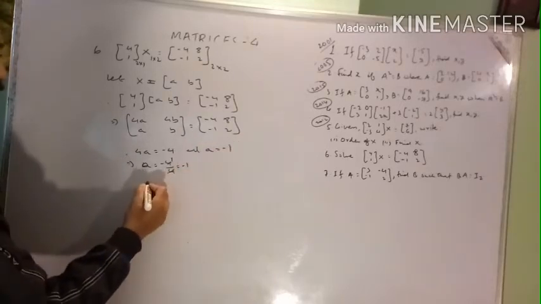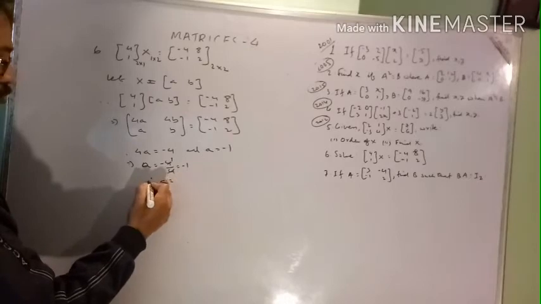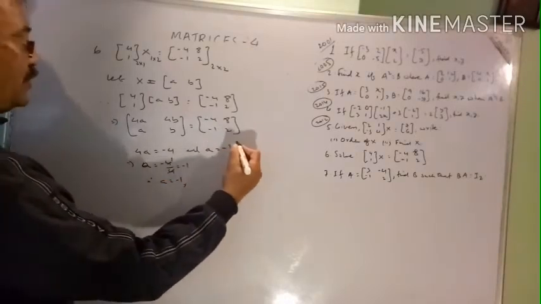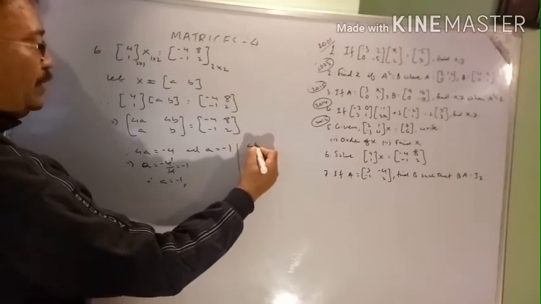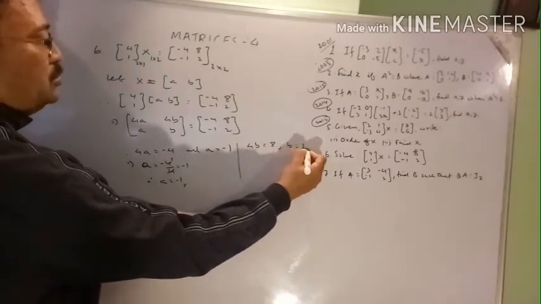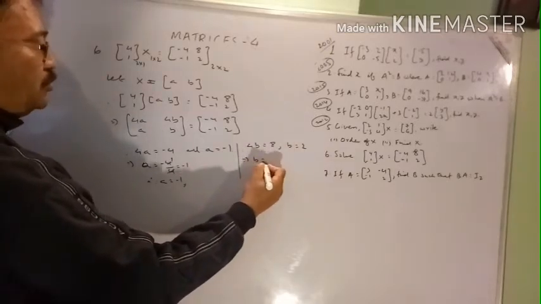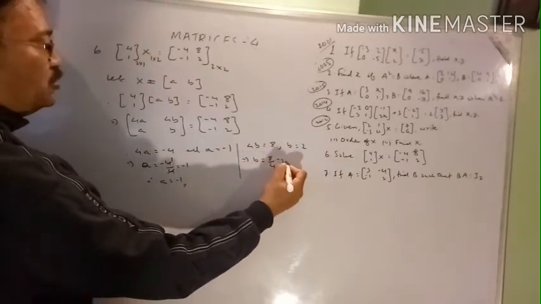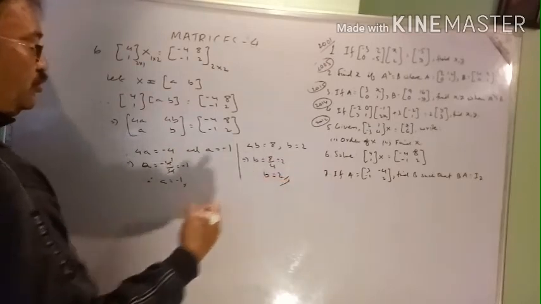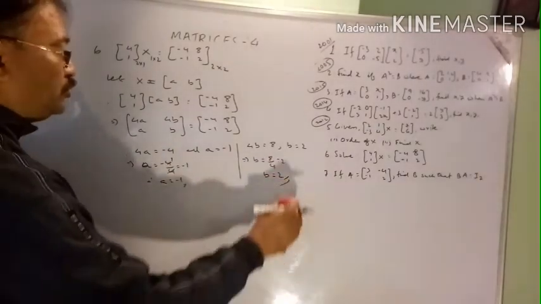So therefore A equal to -1. Okay, so also we have 4B equal to 8 and B equal to 2. This implies B equal to 8 by 4, that is 2. So therefore B equal to 2. So A equal to -1, B equal to 2.